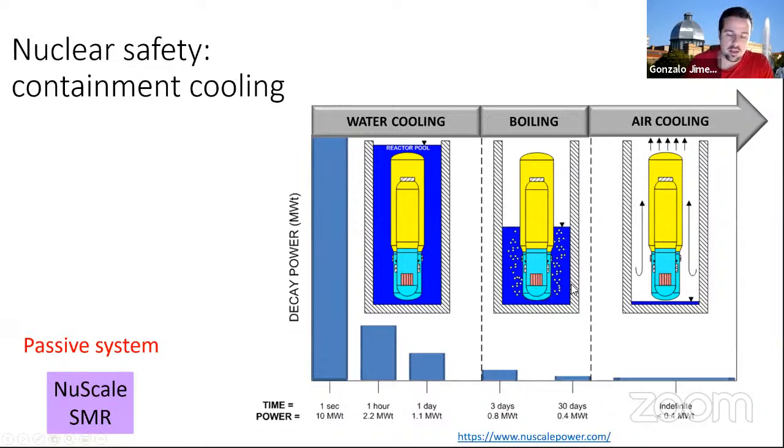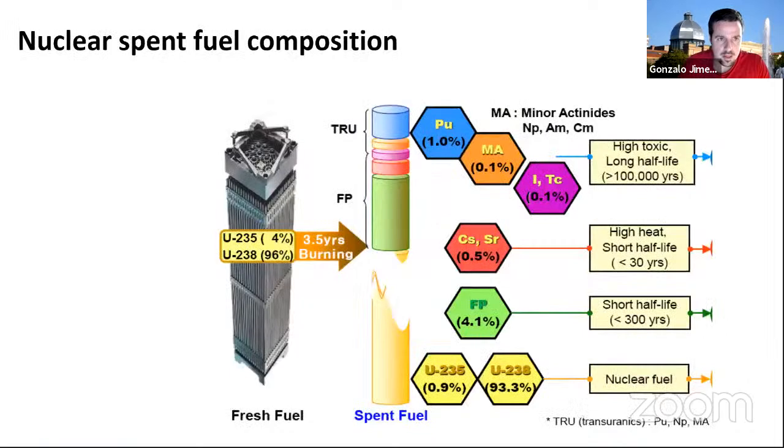And when we boil all the water, because we are in a situation in which we cannot replace it, then the residual heat will be so low that we won't need water. So air cooling would be enough. It's the most passive system that I know of. You don't have to do anything because it's in a pool, and the proportion between the water and the heat is such that you don't need to do anything special to deal with this cooling transient.